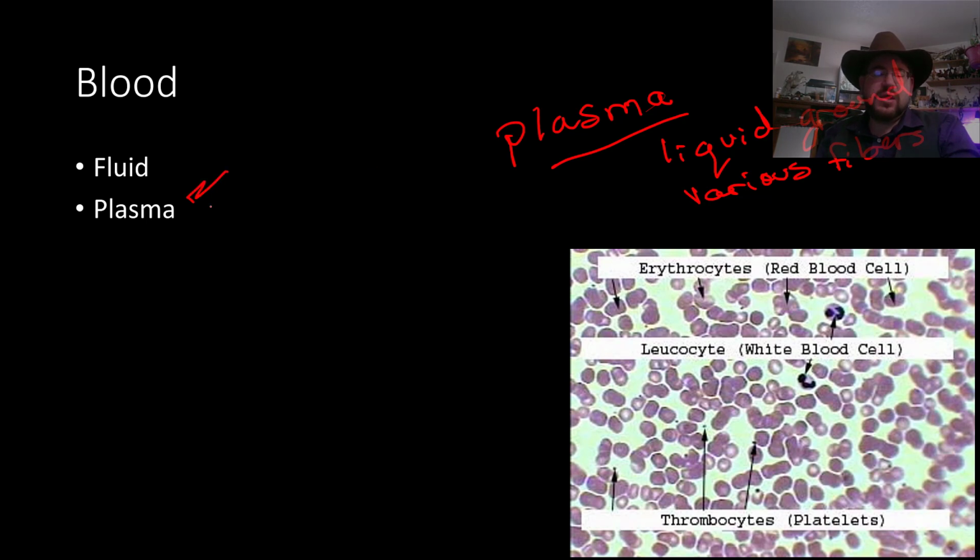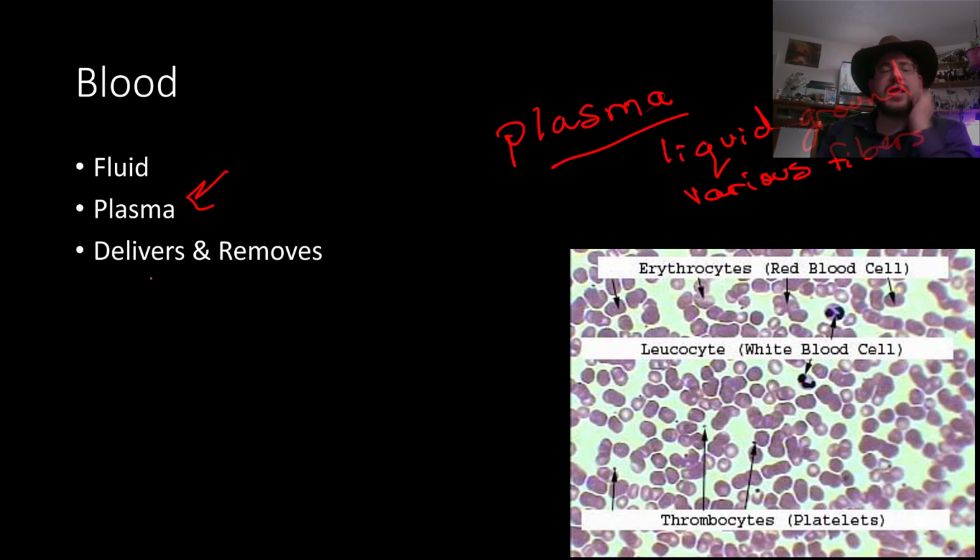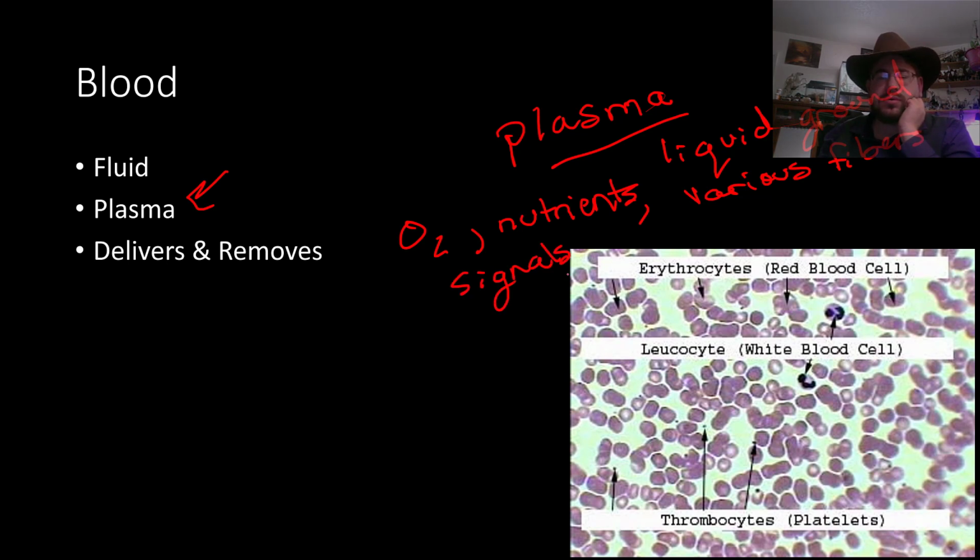So plasma is the matrix, and blood delivers oxygen, right? It delivers nutrients, and it delivers signals. Right? Oxygen, nutrients, signals, whether they're local signals or, for the most part, if it's coming through the blood, it's a hormone.